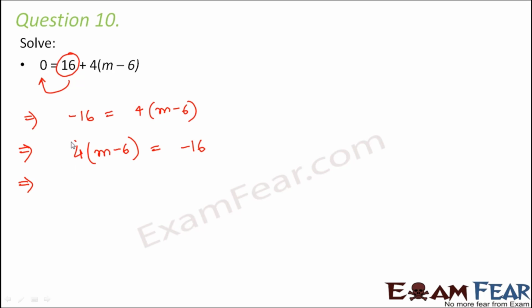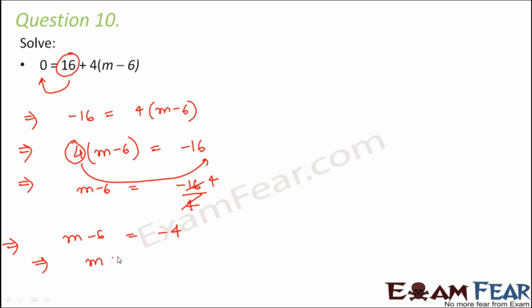Right, so from here now we will shift the 4. So this becomes m minus 6 is equal to minus 16 divided by 4. So 4 4s is 16. So we get m minus 6 is equal to minus 4. Or you can say m is equal to minus 4 plus 6, which is equal to 2. Therefore, m is equal to 2 is a solution for this equation.